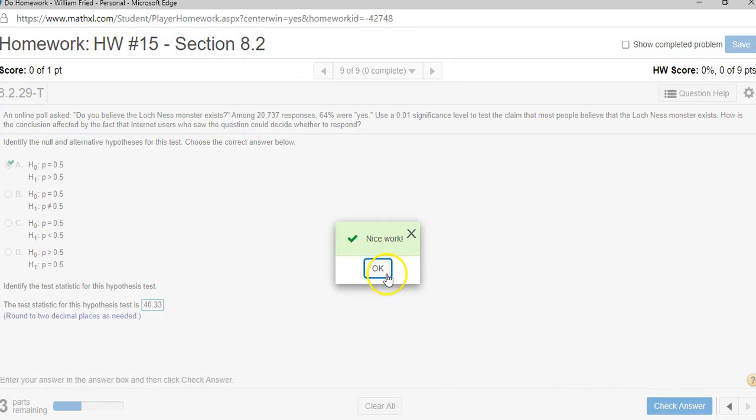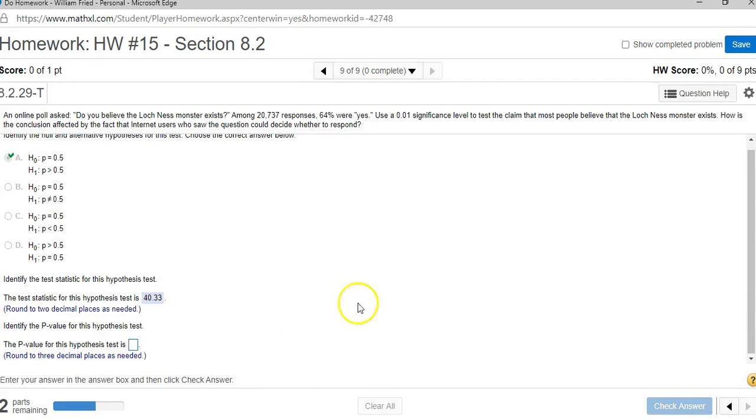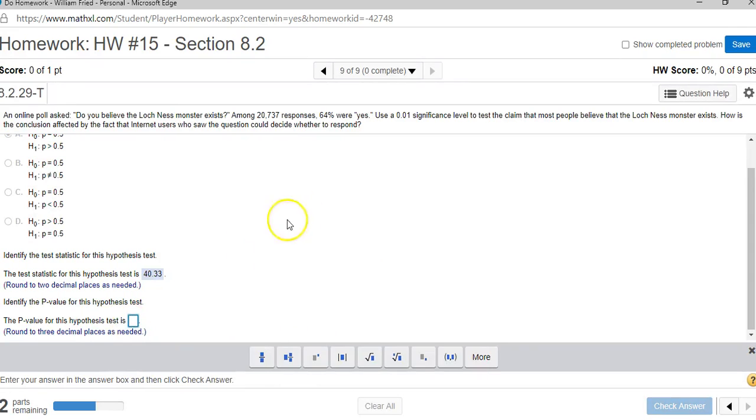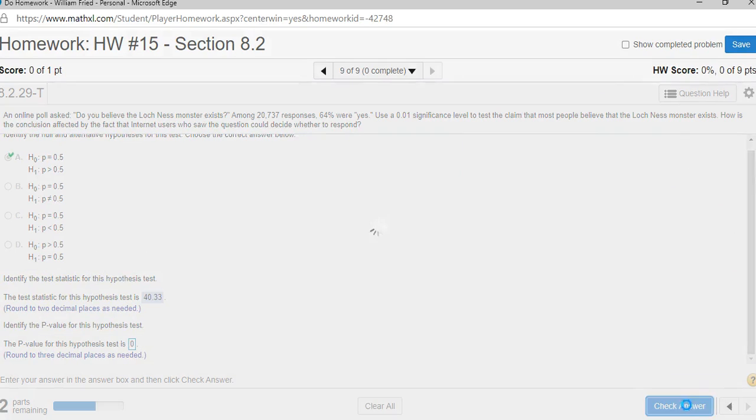Nice work. Okay. And then the p-value, well, the p-value was 0. Actually, for you math majors, a p-value can never actually be 0. But this number is so close to 0 that the calculator can't tell the difference. Anyway, let's check that. Well done.